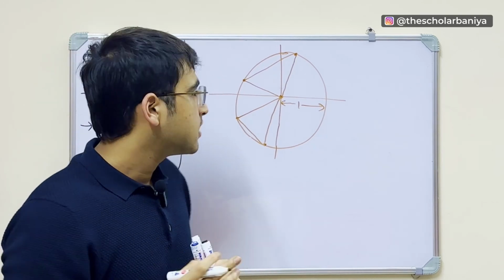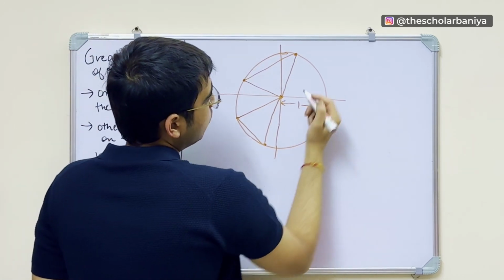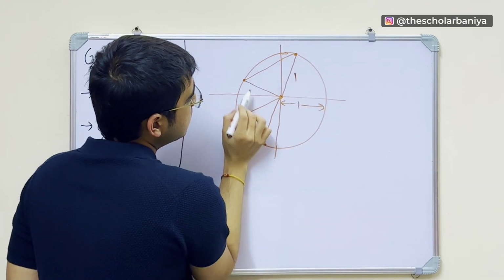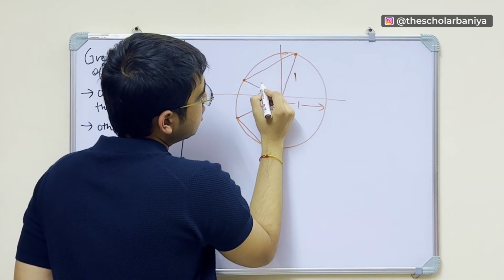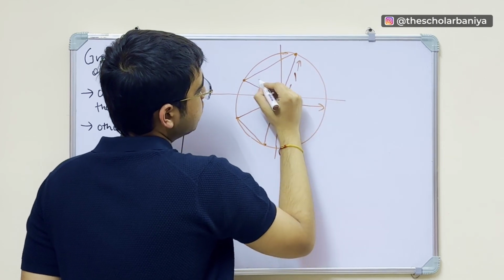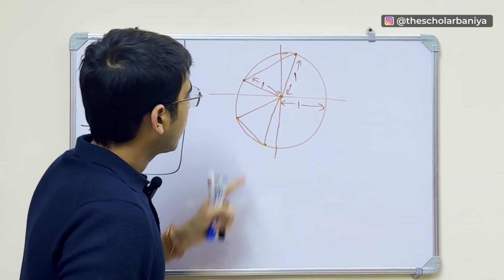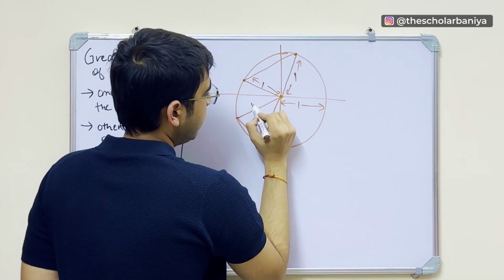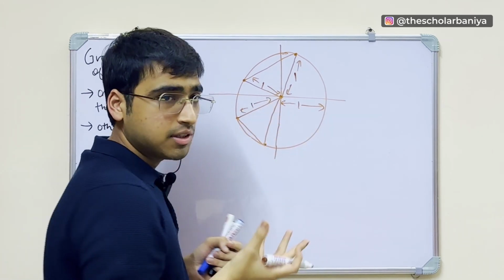But the point over here is that we know that what is this length? This is 1 because this is the radius, right? Similarly, what is this length? This is also 1, right? So this is 1, this is also 1, right? Or if we talk about this triangle, what is this side of the triangle? This is 1, right? Because the radius of the circle.